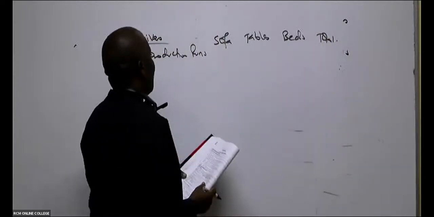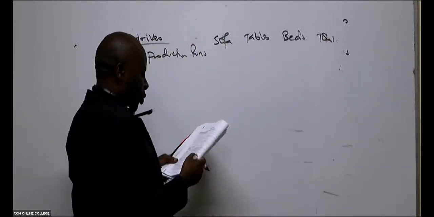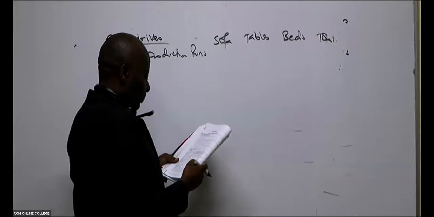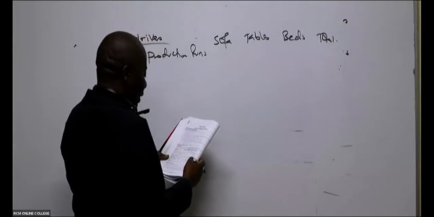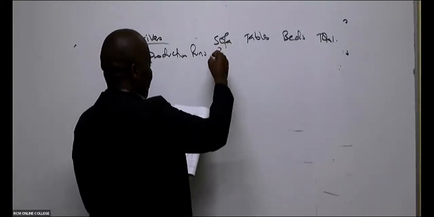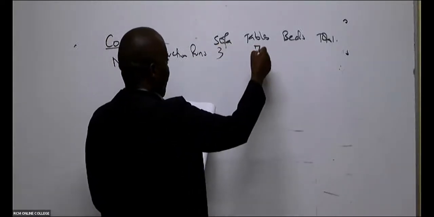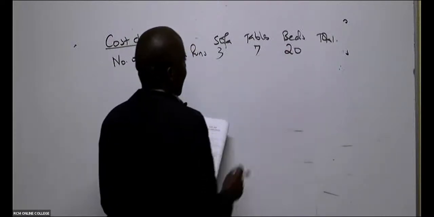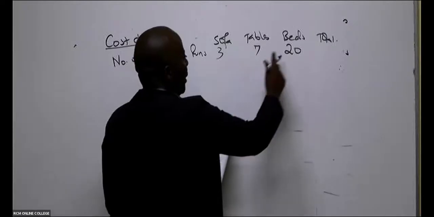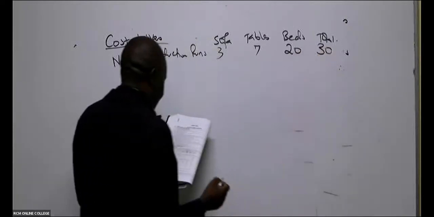These are really important. Number of production runs: we have 3, we have 7. You can write this. This is important. We have 20. When you add them, we shall get 30, right?